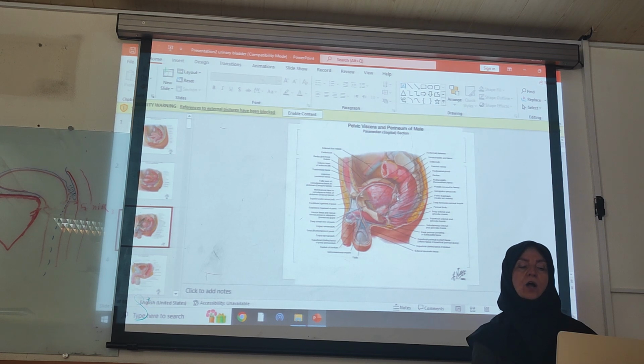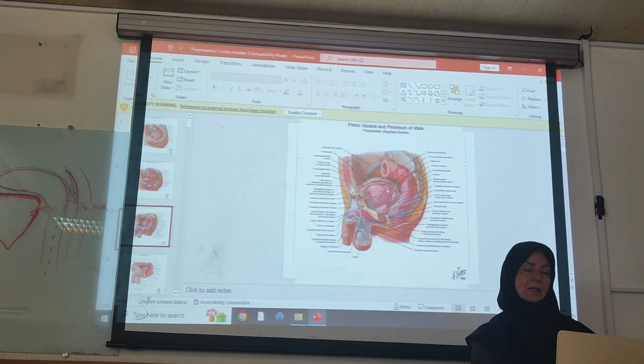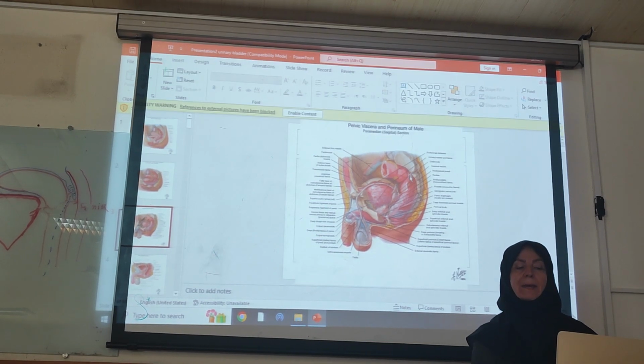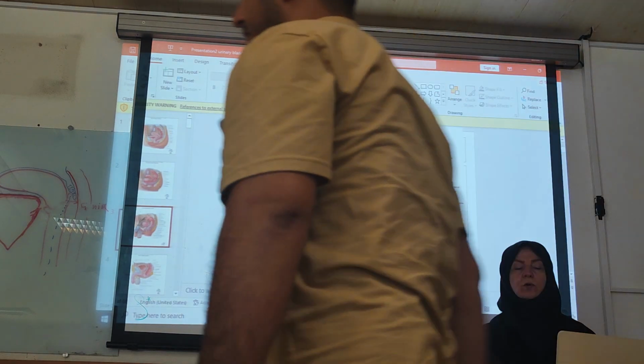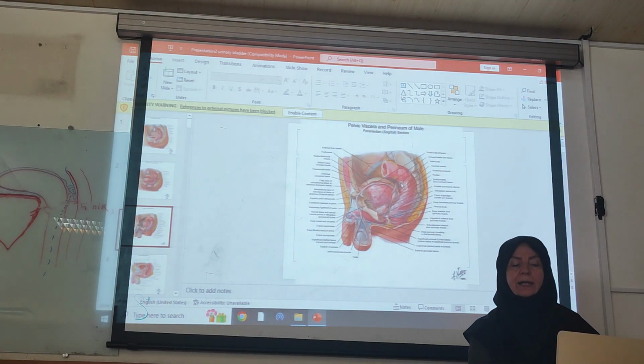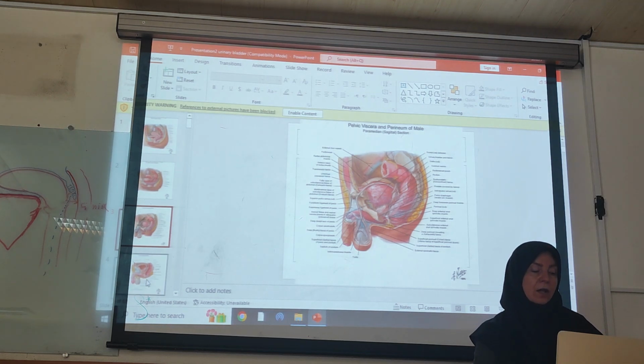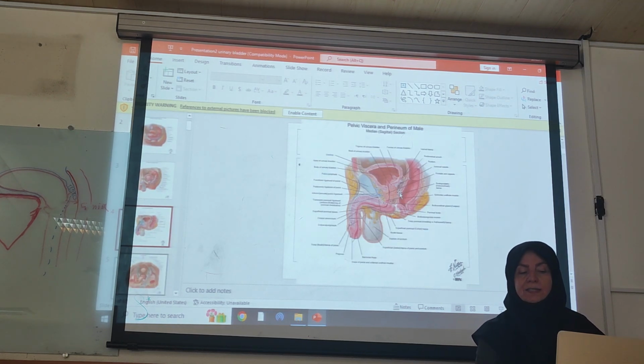How many peritoneal pouches are visible? One. Rectovesical. So, in the male sex, accumulation of pus or blood comes down according to gravity and accumulates inside the rectovesical pouch. The rectovesical pouch is visible here.